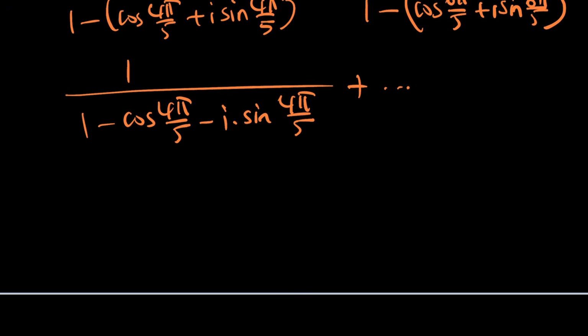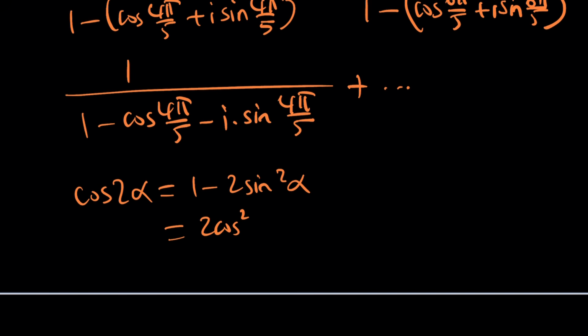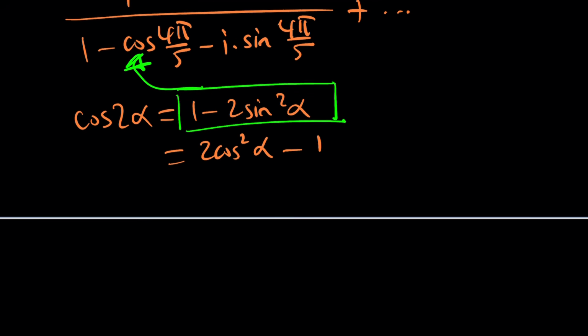The double angle formula basically tells us, for example, cosine of 2 alpha is 1 minus 2 sine squared alpha, or 2 cosine squared alpha minus 1. Which formula would be more appropriate to use here? Obviously, the first one, because we want the 1 to cancel out. So we're going to replace the cosine of 4 pi over 5.